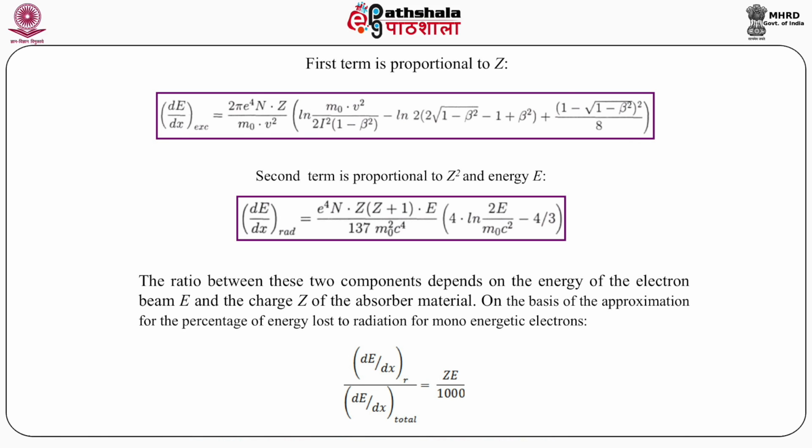On the basis of the approximation for the percentage of the energy loss to radiation for monoenergetic electrons, dE by dx of radiative divided by dE by dx total is equal to ZE upon 1000.